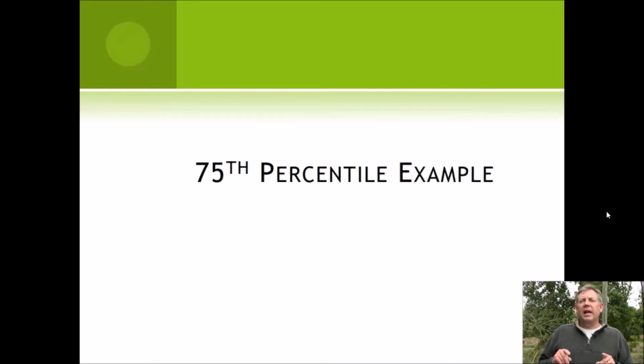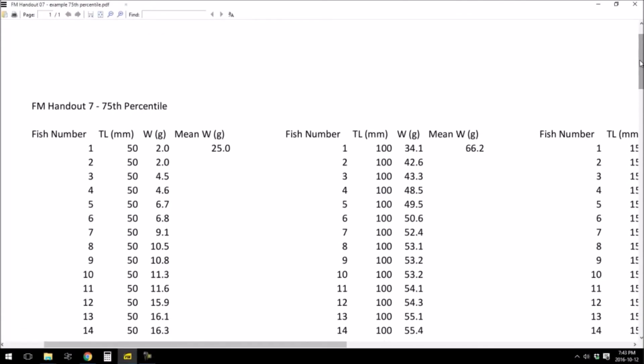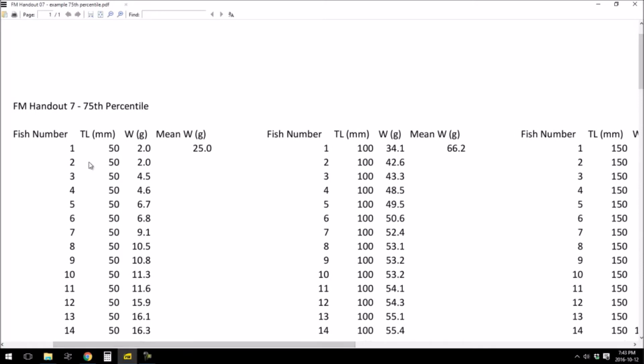Let's look at a handout to give you an idea of what I mean by the 75th percentile. This is handout number 7, just trying to demonstrate what the 75th percentile weight looks like. This is just some data, and we've got 3 columns here. In the first column, the fish are 50 millimeters long.